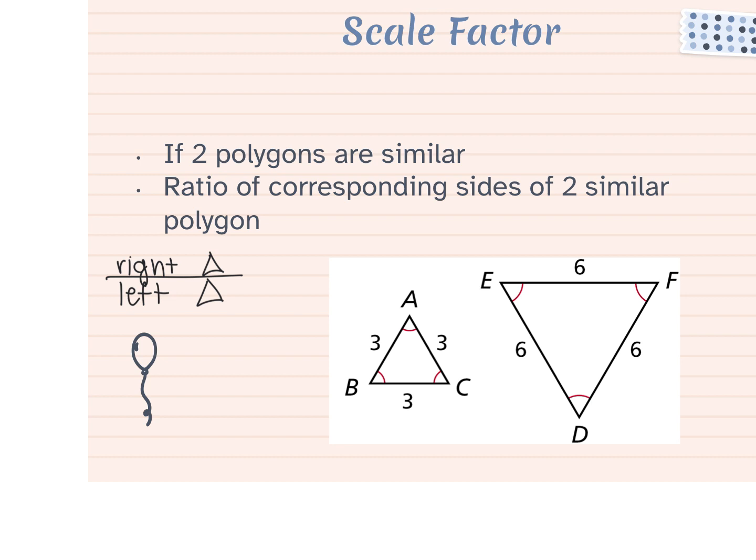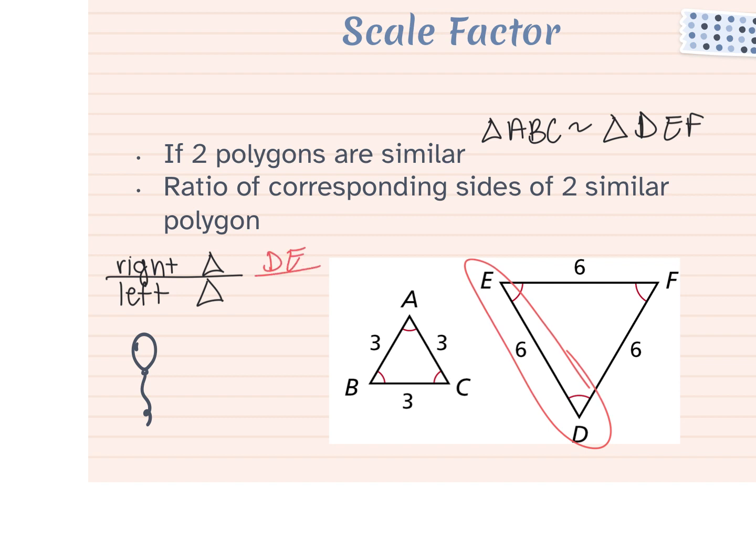Let's write our statement of proportionality first. They're giving me triangle ABC is similar to triangle DEF. Writing it as a proportionality statement, we're going to do DE first, and DE is proportional to AB, and then EF is proportional to BC.